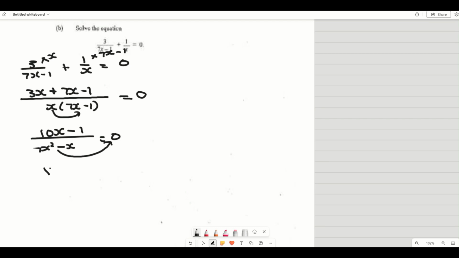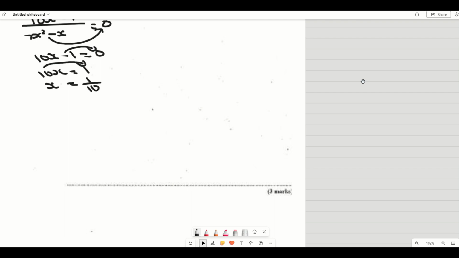So this will turn to 10x minus 1 is equal to 0. To make x the subject, you carry across minus 1. That's 10x is equal to positive 1. So x would be, if you carry across, multiply by 10, it's divided by 10, so 1 over 10. So what is x? x is equal to 1 over 10. And that is how you would do this question right here.